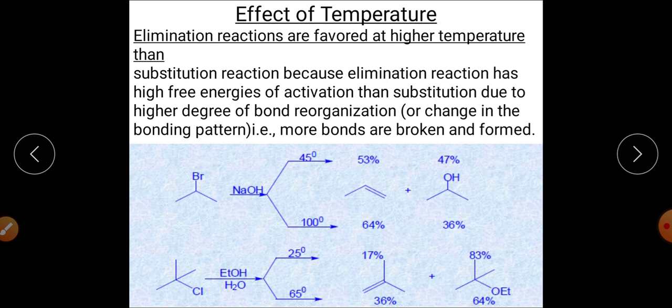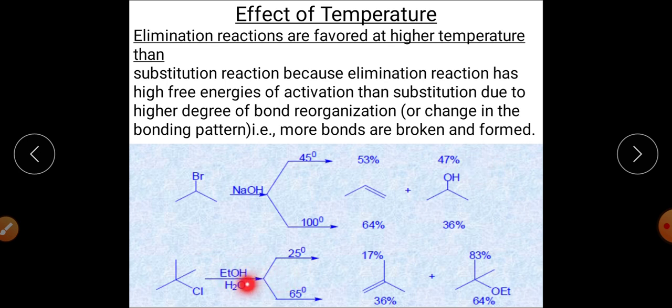You can clearly see that the same reaction is here at 45 degrees Celsius, and at 100 degrees Celsius temperature you have 64% elimination, 36% substitution. When the same reaction is carried out at low temperature, 45 degrees Celsius, this elimination product is decreased to 53%, whereas this substitution product has been increased to 47%.